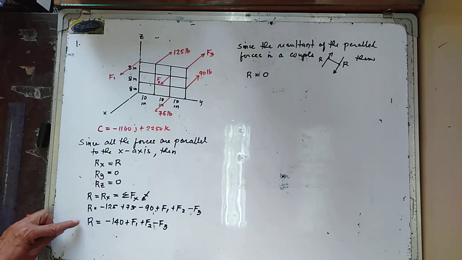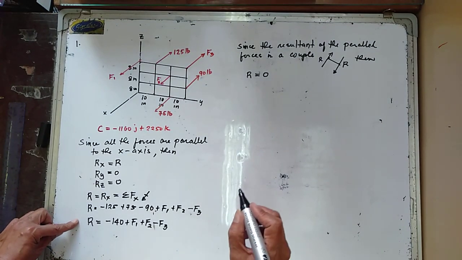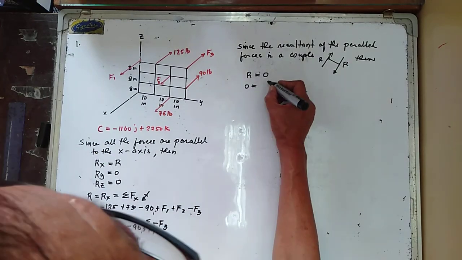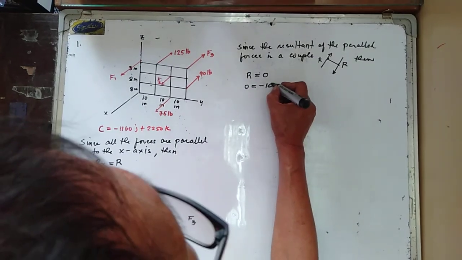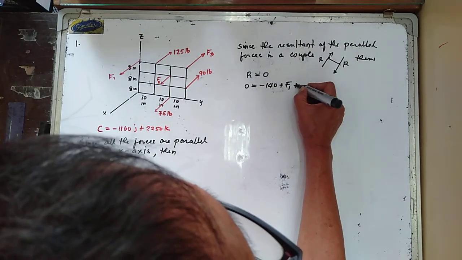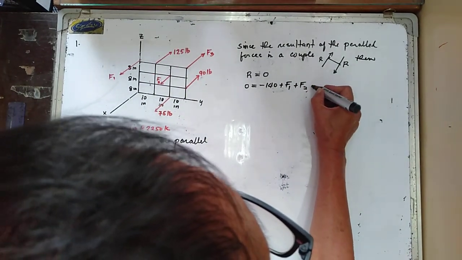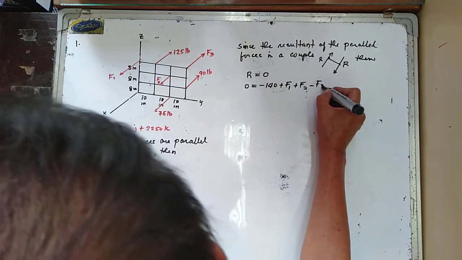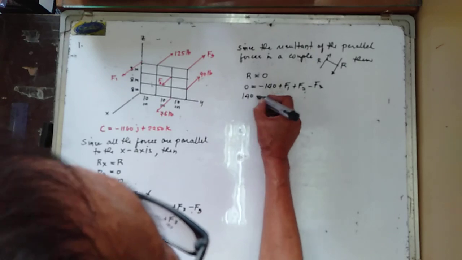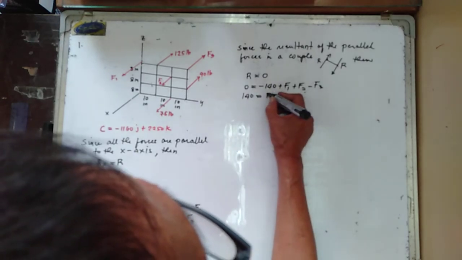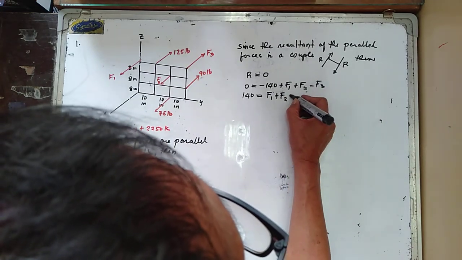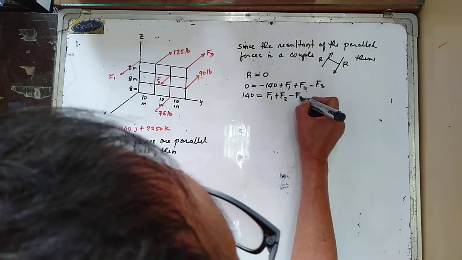So from this equation, we now have 0 is equal to negative 140 plus F1 plus F2 minus F3, or 140 is equal to F1 plus F2 minus F3.